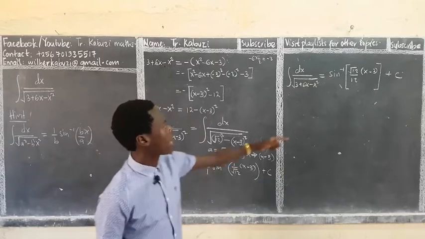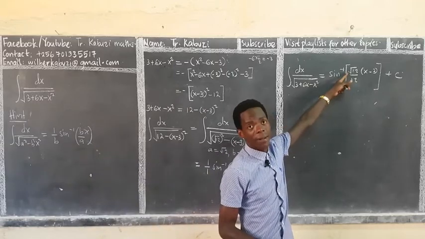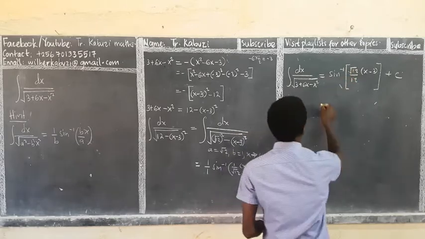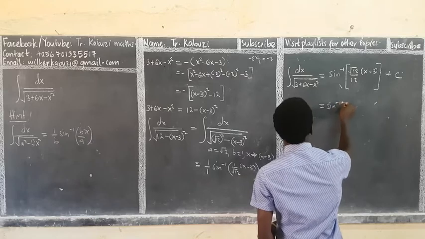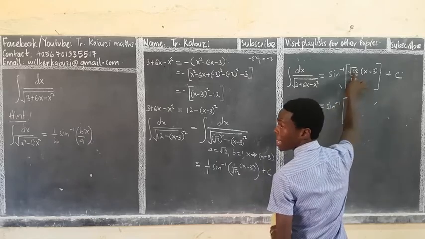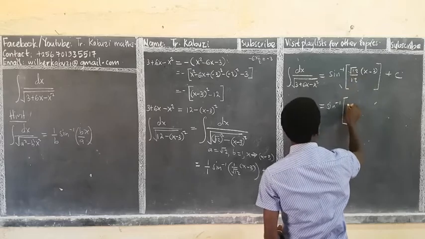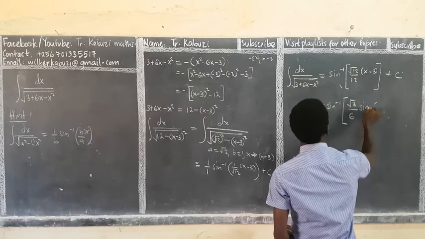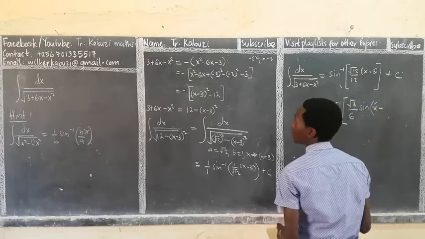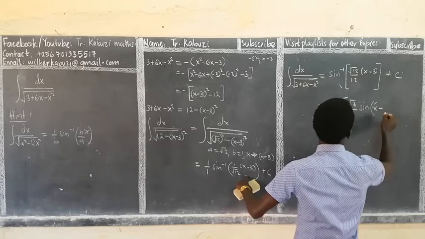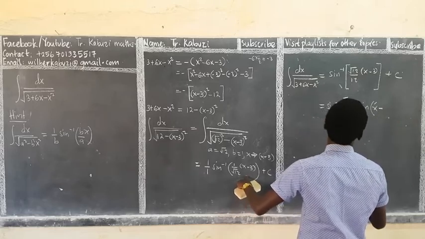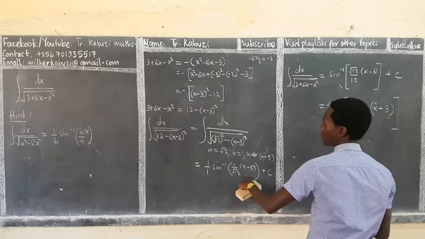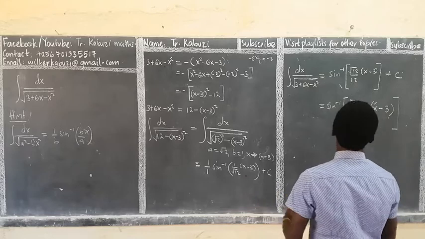So that's it. You can go further to simplify this, because you can see root 12 is the same as 2 root 3. That 2 cancels anyway. If I simplify further, this will be the same as sine inverse of, this is the same as 2 root 3, so the 2 cancels. I have root 3 over 6, then sine inverse of x minus 3, the whole into that one bracket.